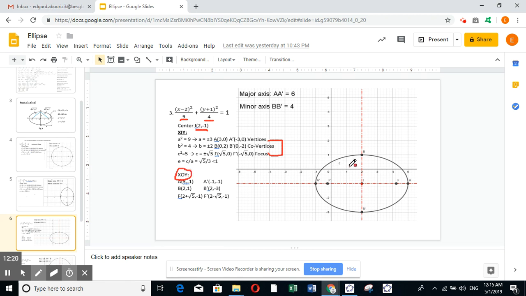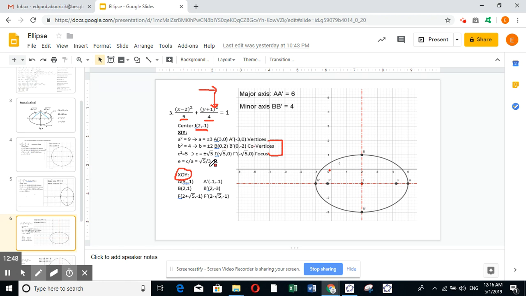Here, you took in grade 9 and 10 the translation. So every point I must shift 2 units to the right and then 1 down, like the slope: run and then rise. Because I want it now with respect to this origin, this is a translation. So directly I add 2 to every x and subtract 1 from every y.